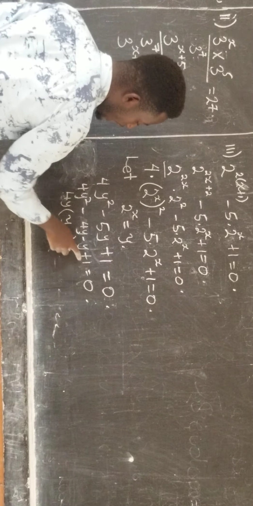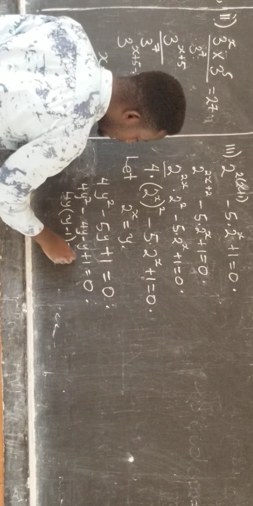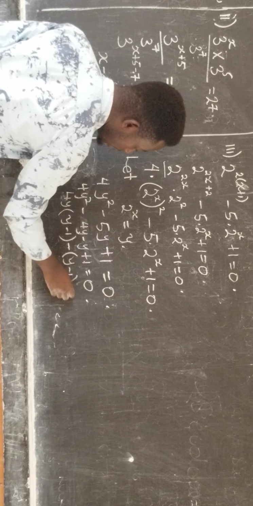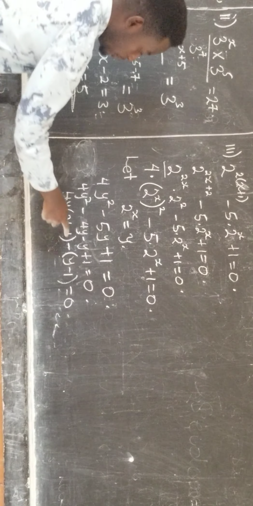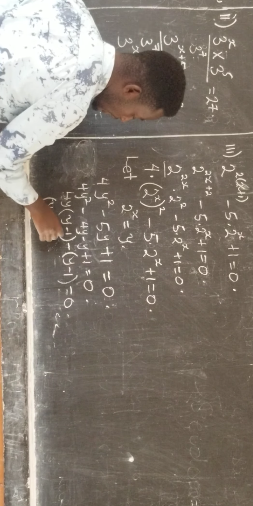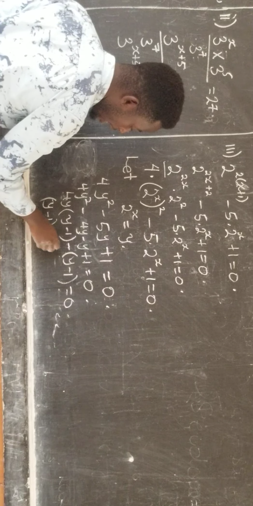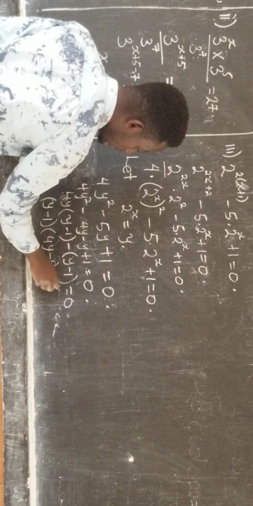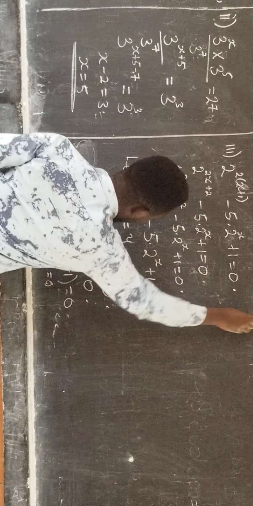If I factorize out the negative, minus into (y minus 1), this is equal to 0. Further factorization, I pull out y minus 1. I remain here with 4y, and I remain here with minus 1, which is equal to 0.